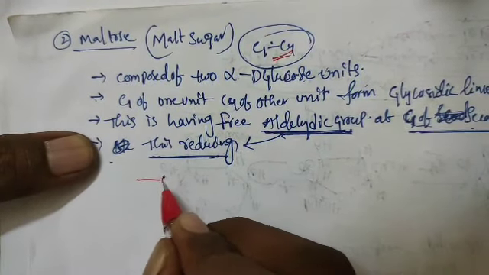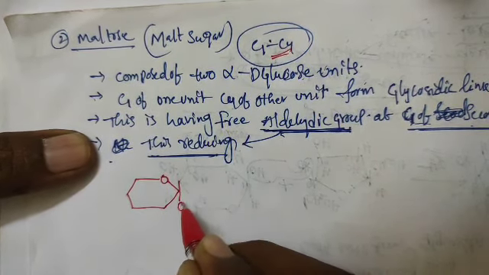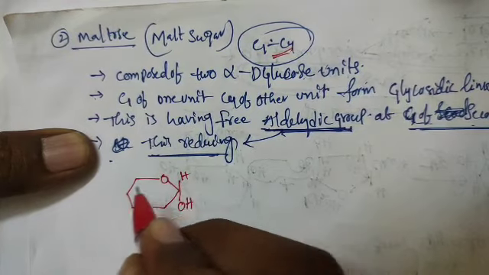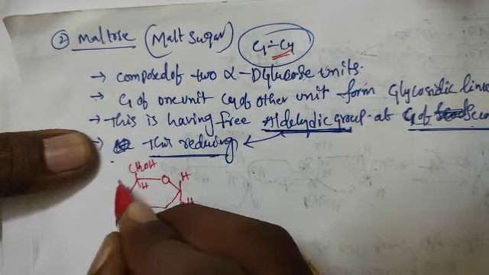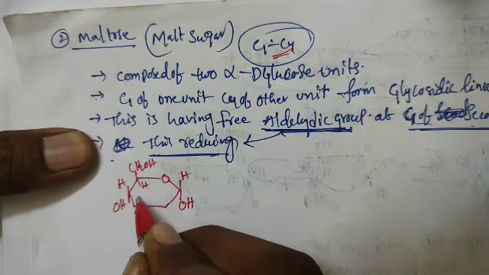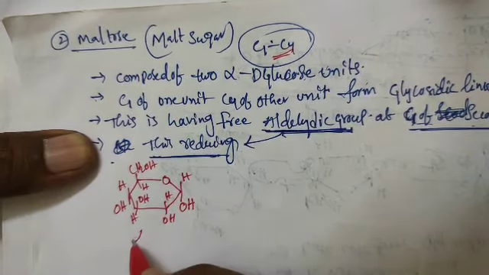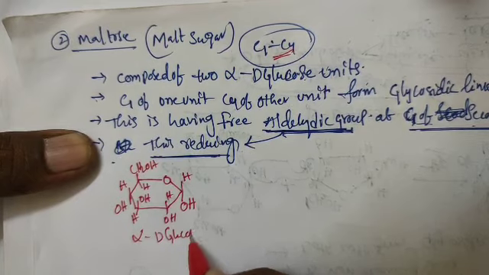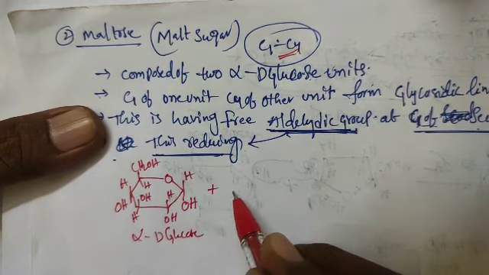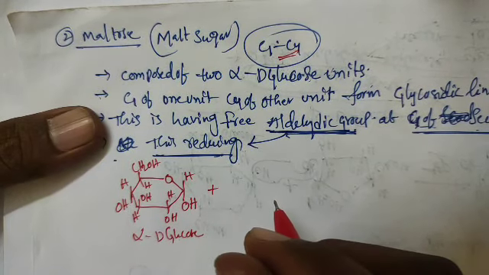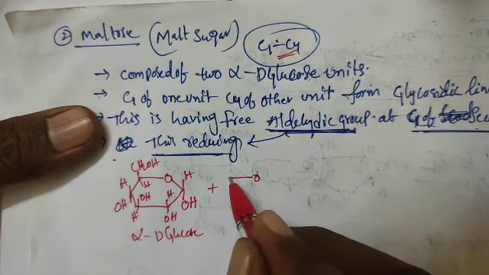For alpha D glucose, at the anomeric carbon, down, we should write OH. That is the only difference. CH2OH, here H, here H and OH, here OH and H, here OH and H. This is alpha D glucose. Next, plus one more alpha D glucose.